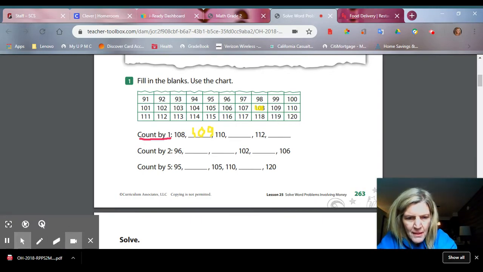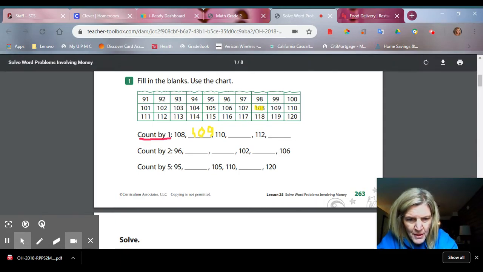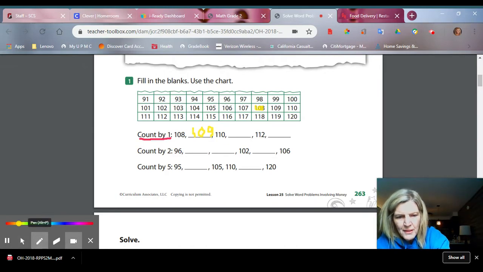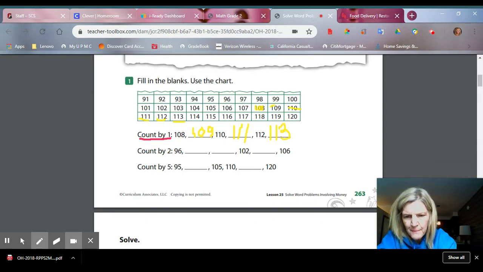Right after 109 is 110. They wrote that in for you. After 110 is 111, 112, then last is 113. So there is counting by 1s for the first row they gave you.